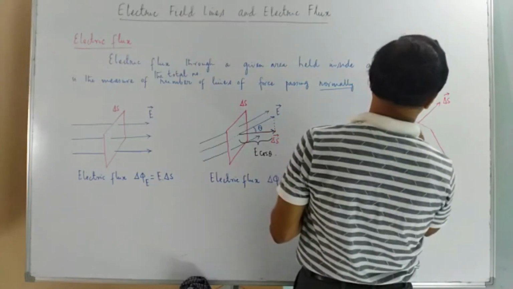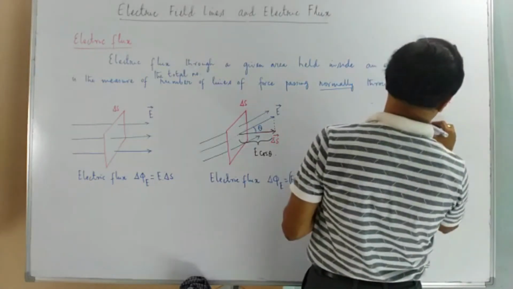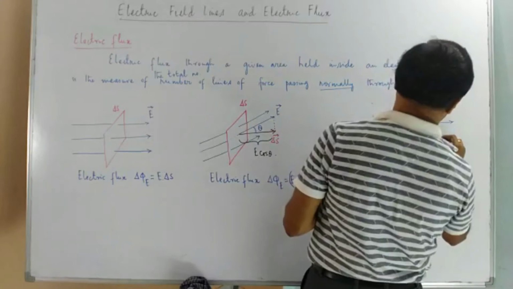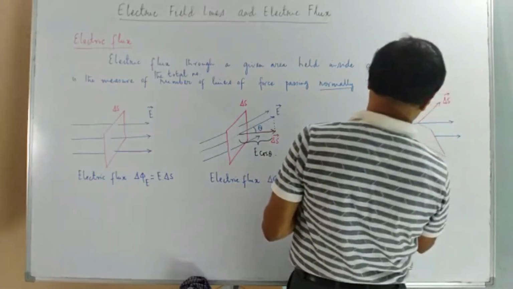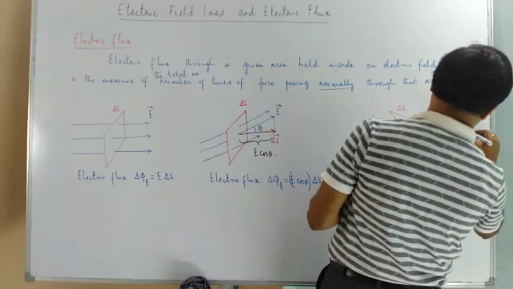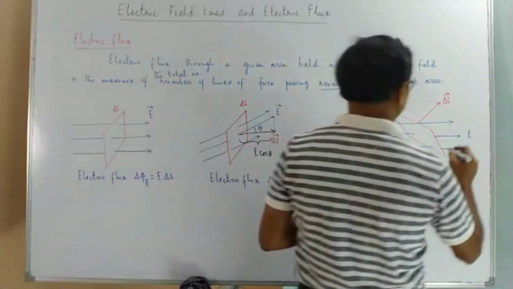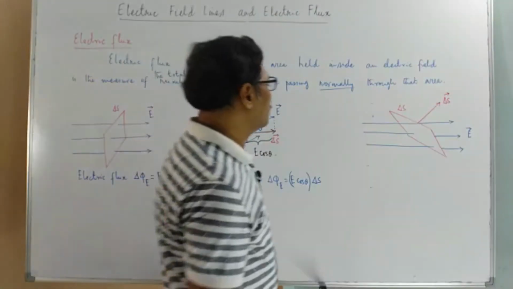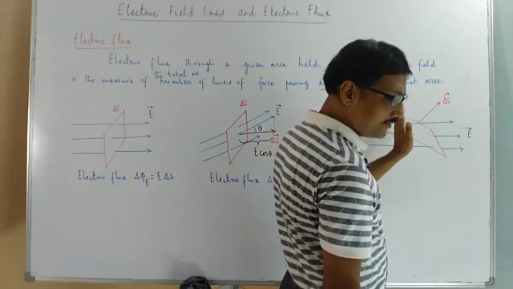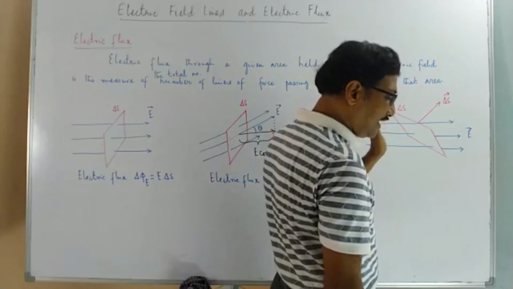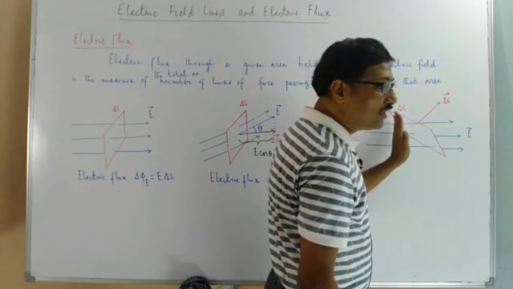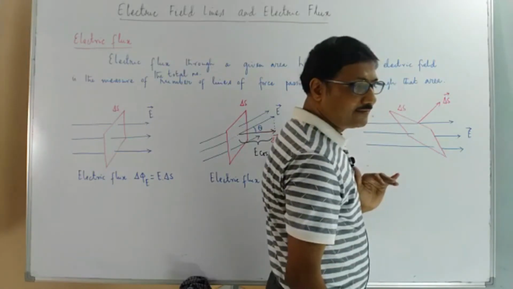So let it be like this. This is the situation. So in this case, I can take the projected surface area in such a fashion that electric field lines become perpendicular to the projected surface area. Okay?